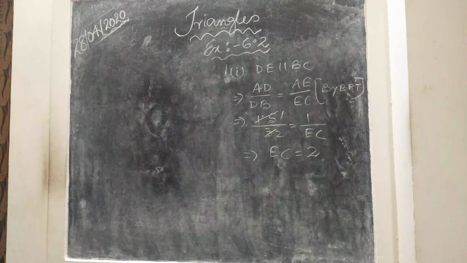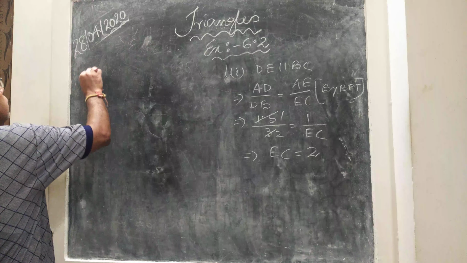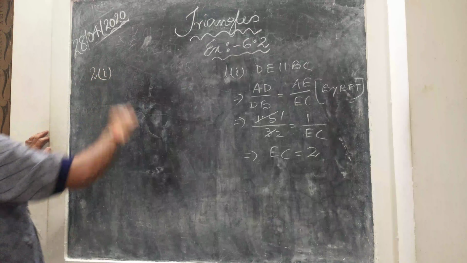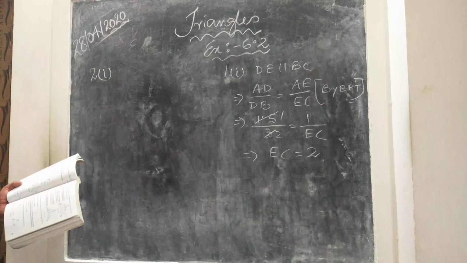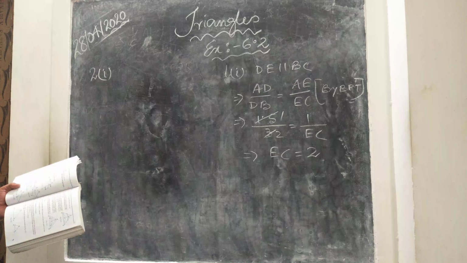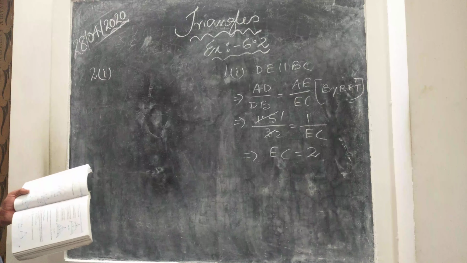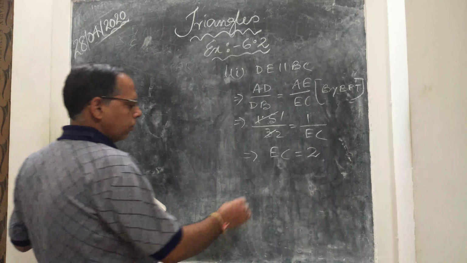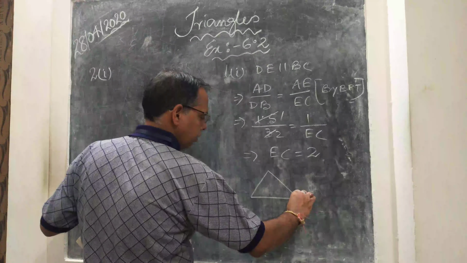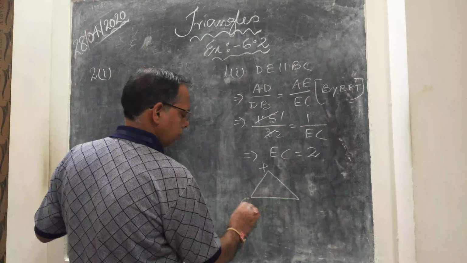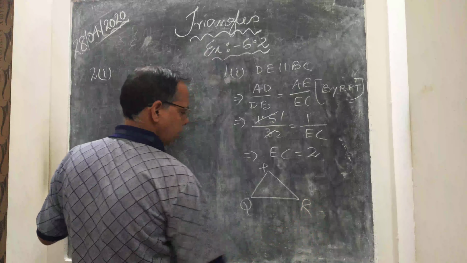Now you see 2 Roman 1, what is given? See, E and F are the points on the side PQ and PR respectively of triangle PQR. So first of all, you draw the triangle PQR.